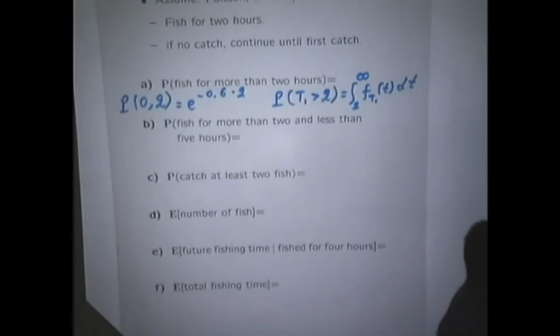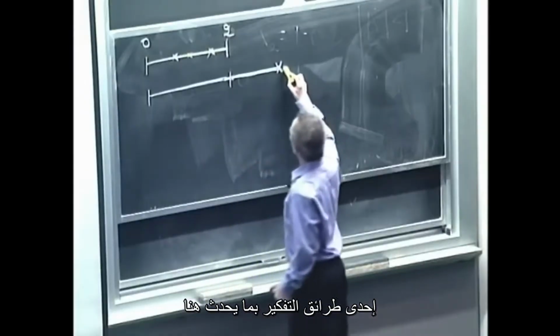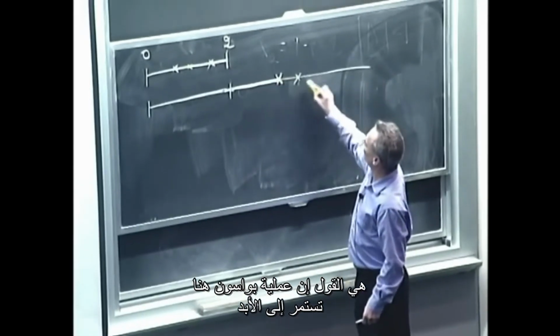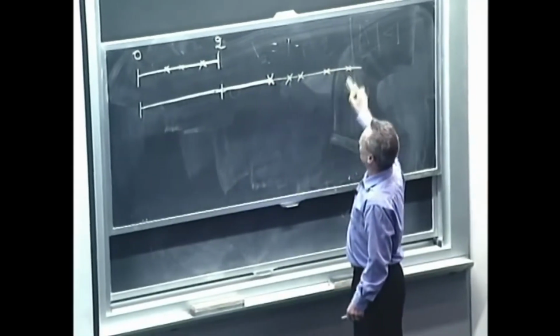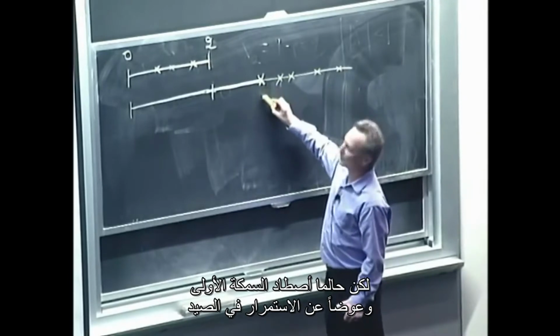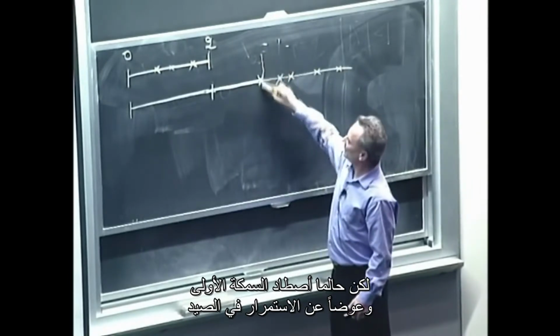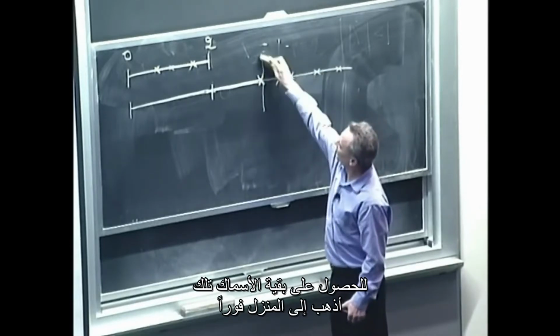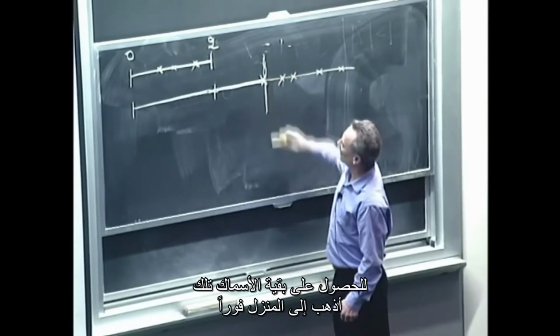So one way of thinking about what's happening here might be to say that there's a Poisson process that keeps going on forever, but as soon as I catch the first fish, instead of continuing fishing and obtaining those other fish, I just go home right now.